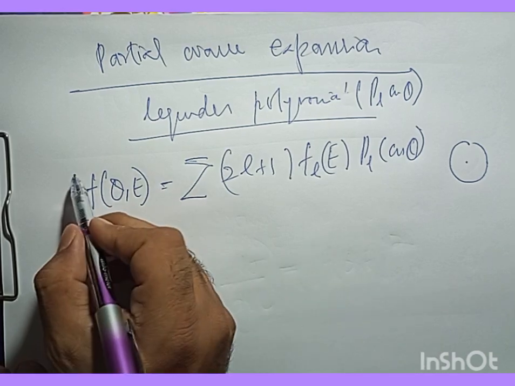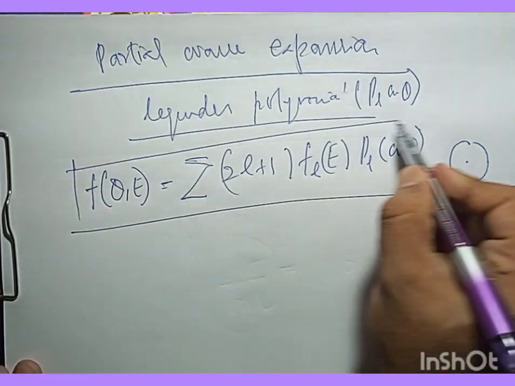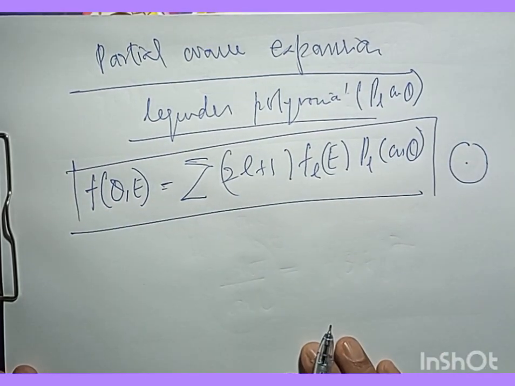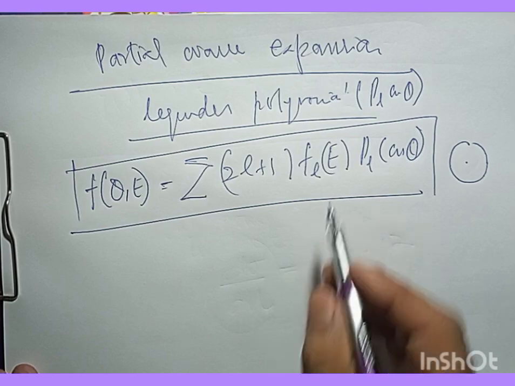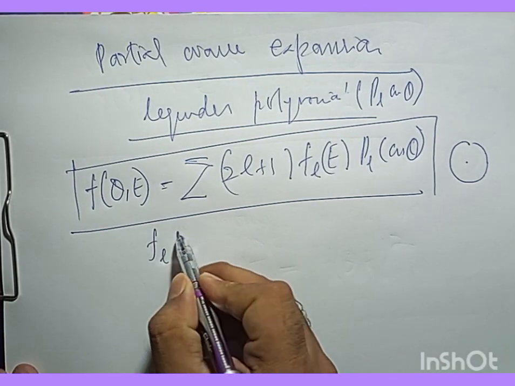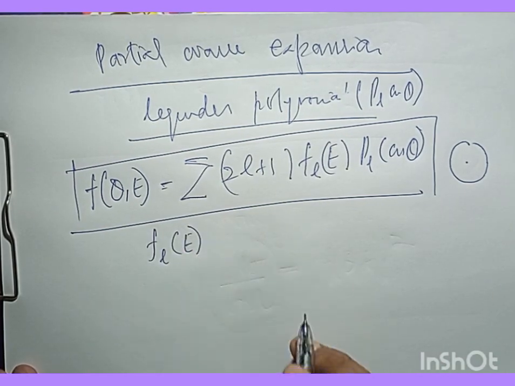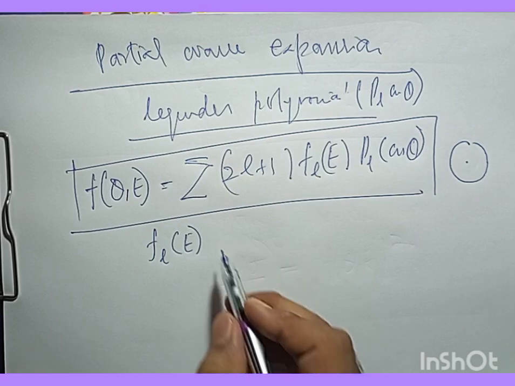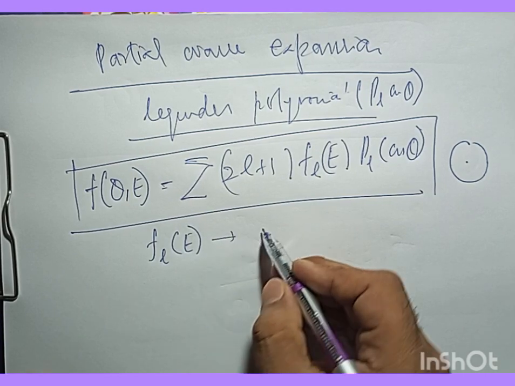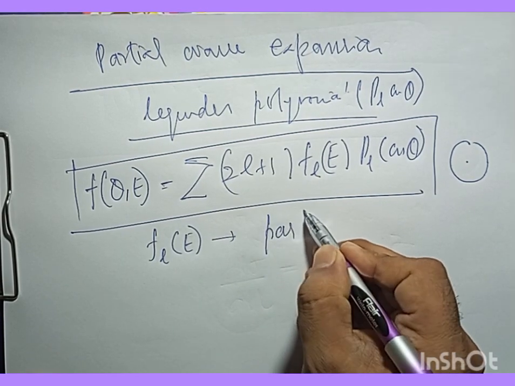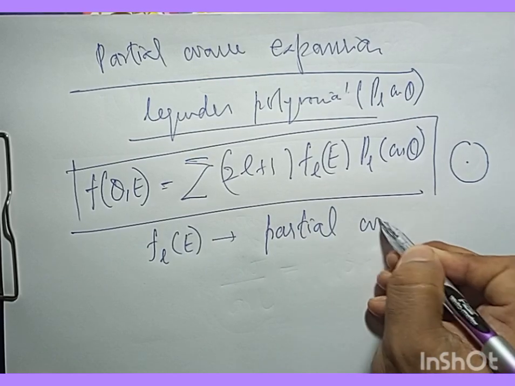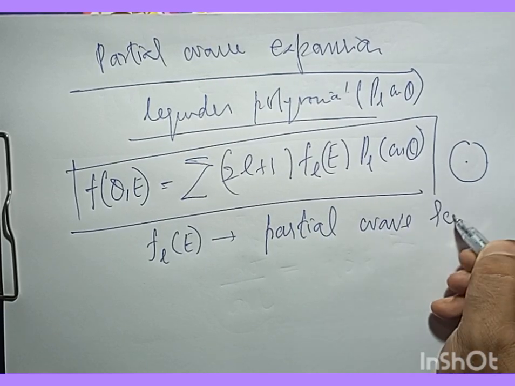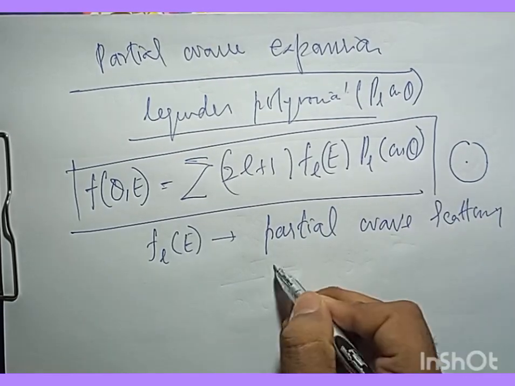Now this is our magnitude of scattering amplitude, where this f_L(E) that I have introduced here are basically the partial wave scattering amplitudes.